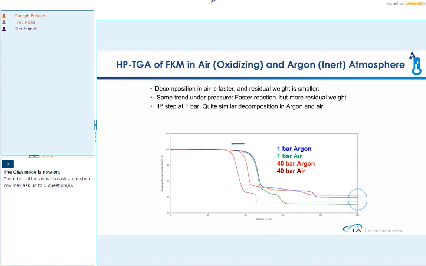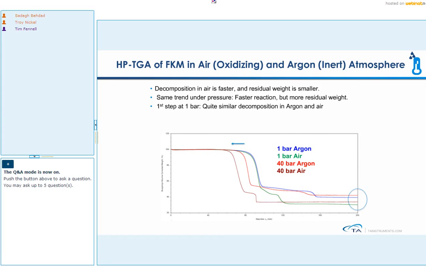Now we are going to compare argon and air to each other. You can see here that the decomposition in air is faster, so the drops are steeper, and it also starts at a lower temperature. So it seems that air is a more aggressive environment, as we expected, and similar trends were observed for pressure for both of these.